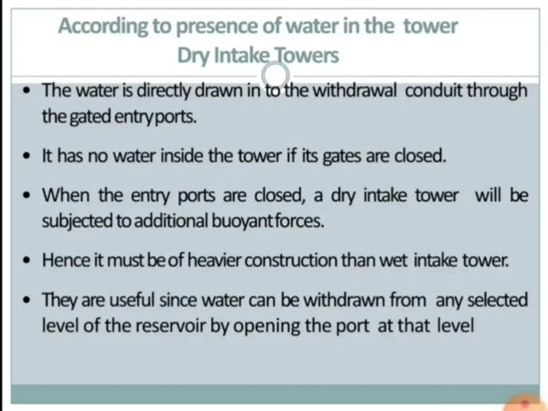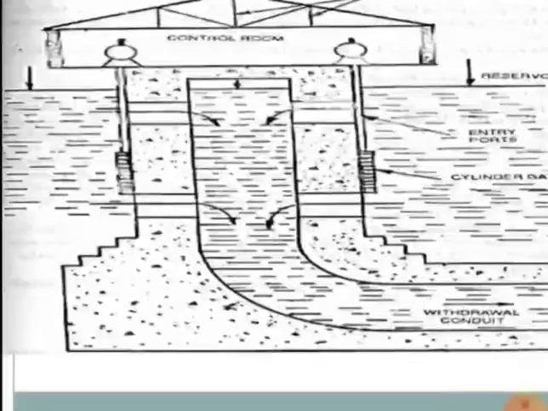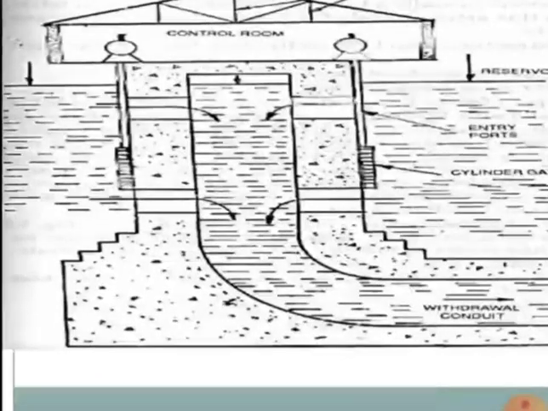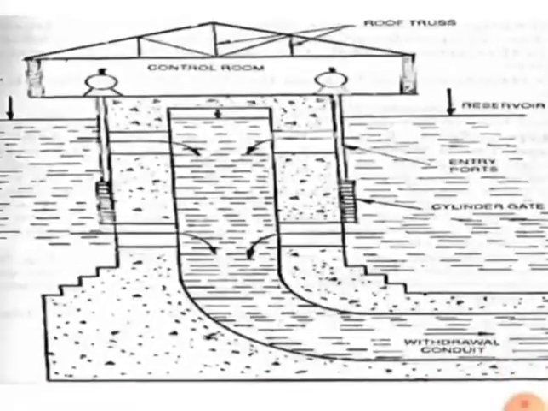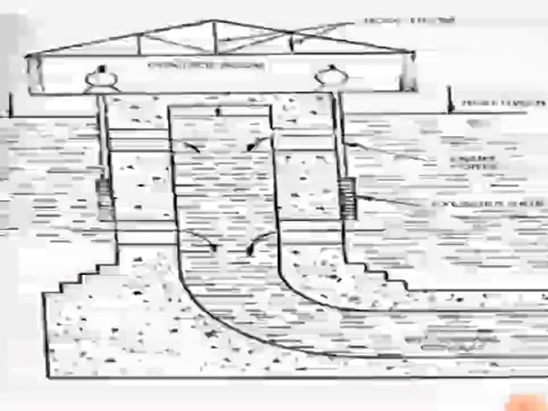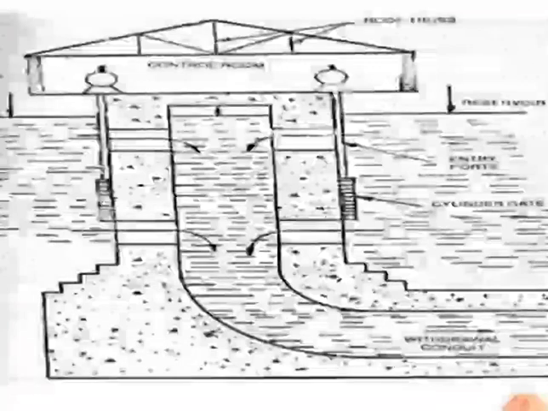Here water is directly drawn into the withdrawal conduit through the gated entry ports. As you see in the figure, this is a dry intake. It has no water inside the tower, unlike a wet intake.